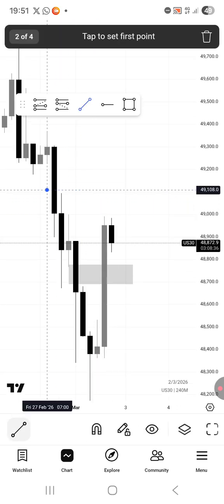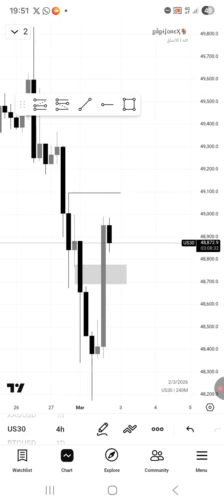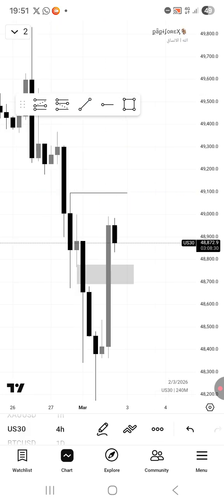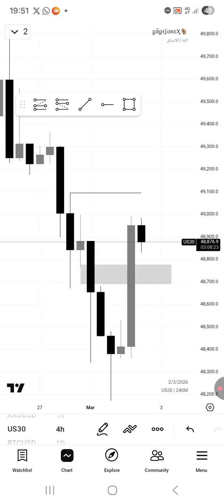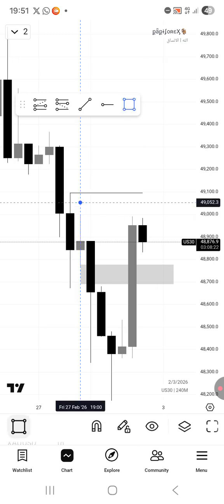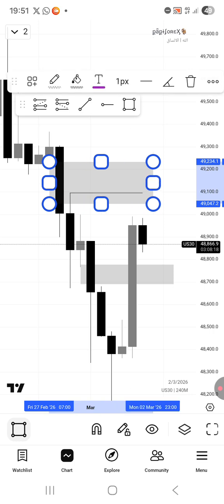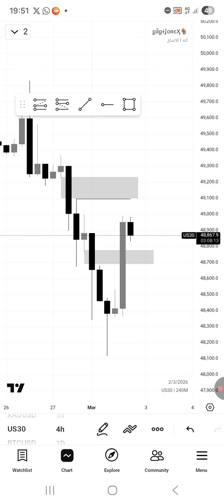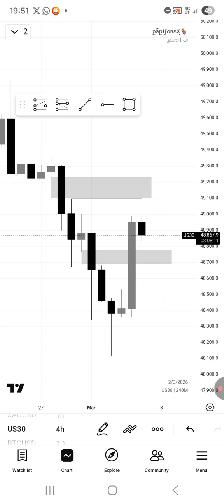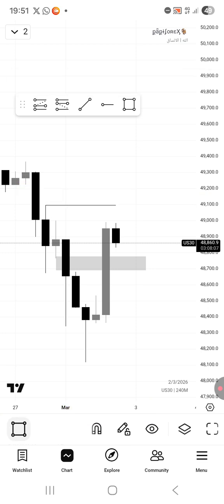Because price moves from liquidity to liquidity, my next draw on liquidity will be at this area here, because there is a fair value gap around this area. I'll be looking for price to pull to this area, so that makes that area my draw on liquidity.